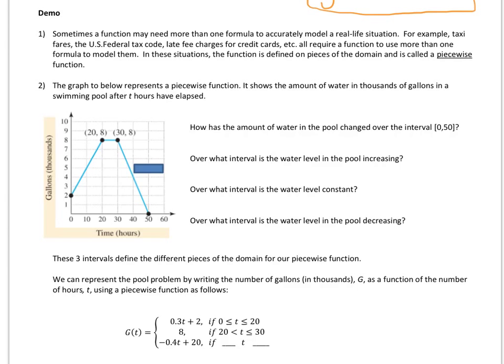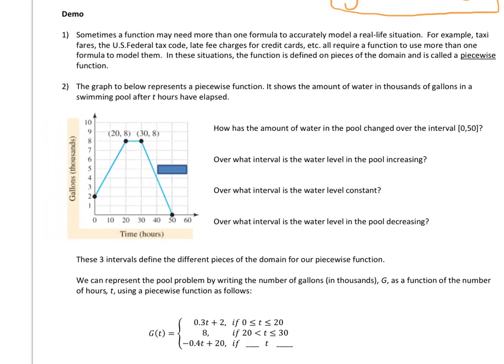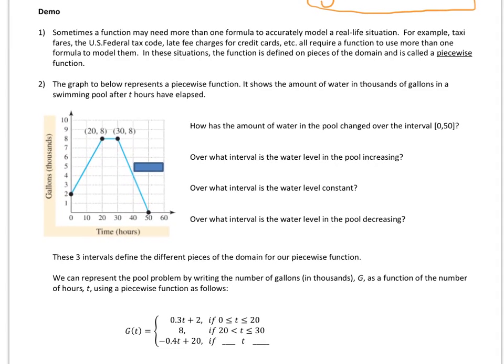The graph below represents a piecewise function. It shows the amount of water in thousands of gallons in a swimming pool after t hours have elapsed. So this is the same graph that we were just looking at in the preview exercises. So if we want to look at how the amount of water in the pool changed, from time 0 to time 20, the amount of water in the pool was increasing, right?